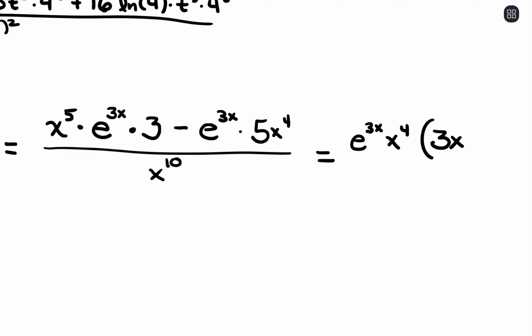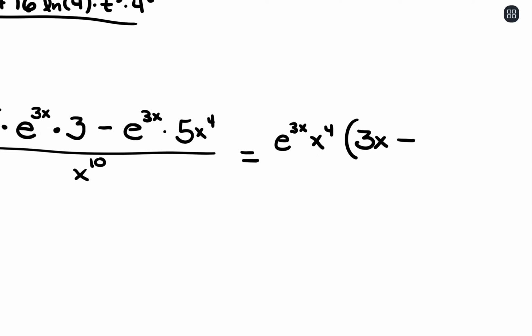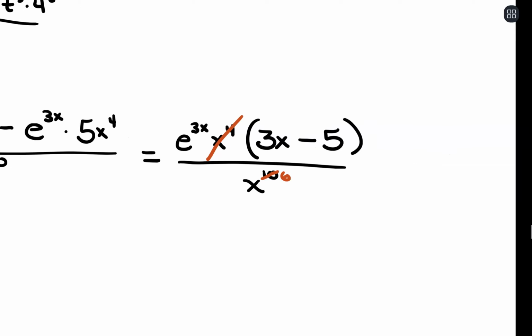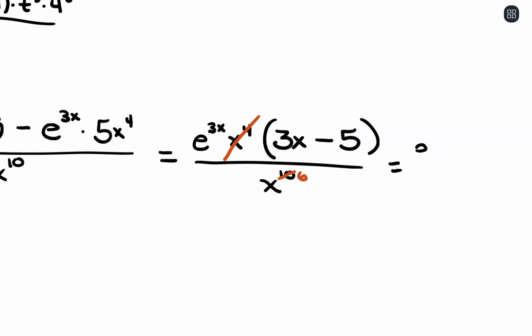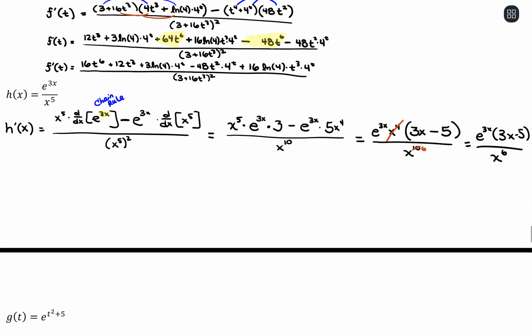So we'll have a 3x minus, and then that second term, all we'll have left over is the 5. All over x to the 10th. And when we do that, we can cancel out some x values. So if we take out 4 from the numerator, take out 4 from the denominator. And there it is. Oh, that was nice after that last example. 3x minus 5 over x to the 6th power. All right.